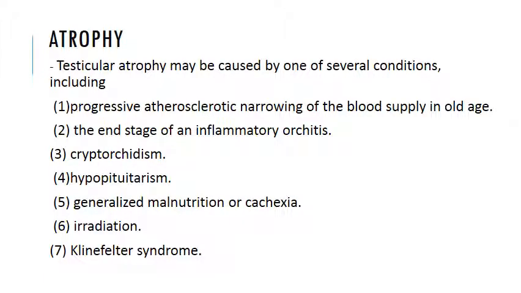When we see atrophy of testis, testicular atrophy is caused by several reasons. One, due to aging. Next is due to inflammatory conditions affecting the testis, that is orchitis. Other is failure of descent of testis.